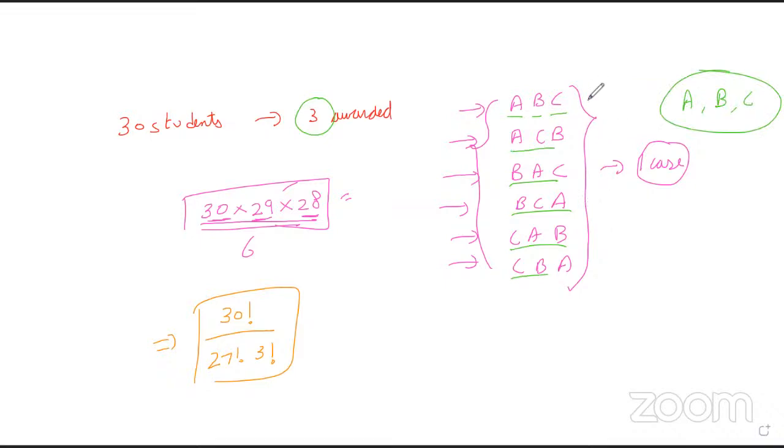When we do 30 times 29 times 28, we consider all these 6 cases to be different, so each case is counted 6 times. To overcome that, I need to divide by 6, which is nothing but 3 factorial. Got it.